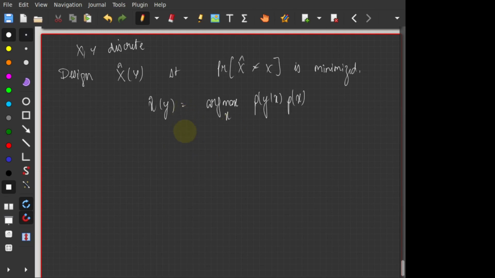In fact, this is the same as taking argmax over x of P(x|y), because y is fixed.